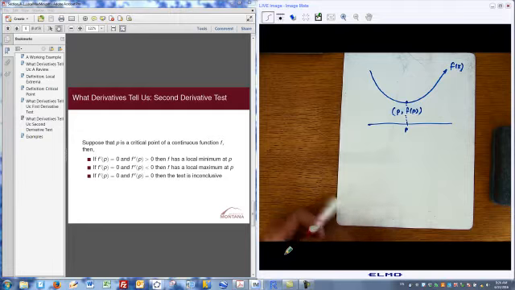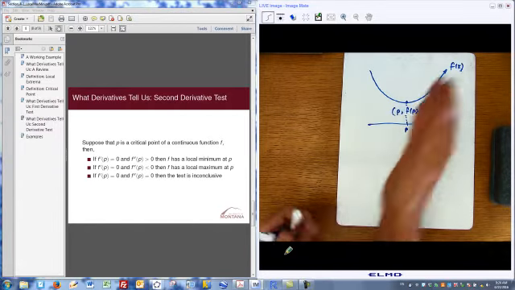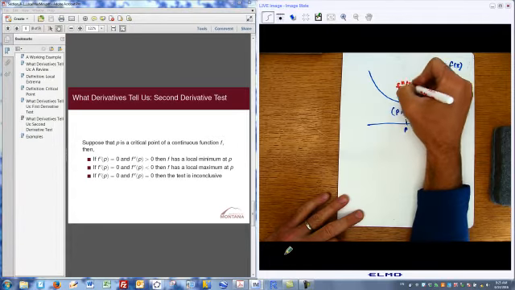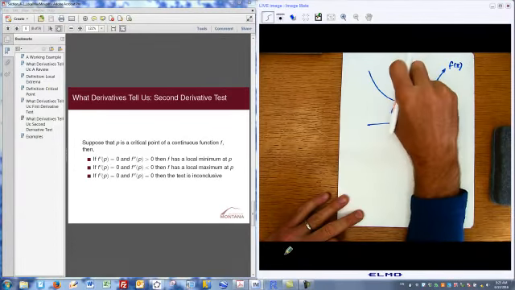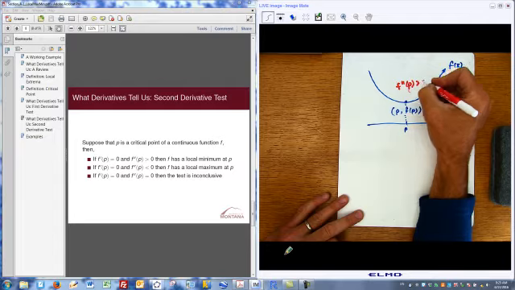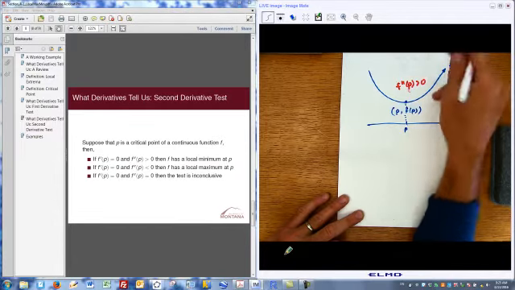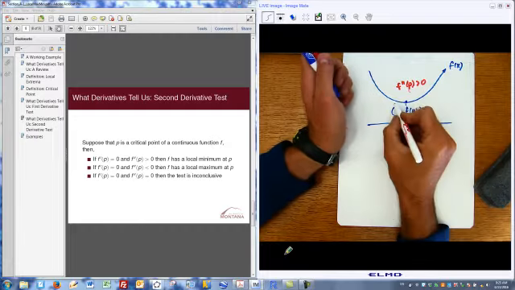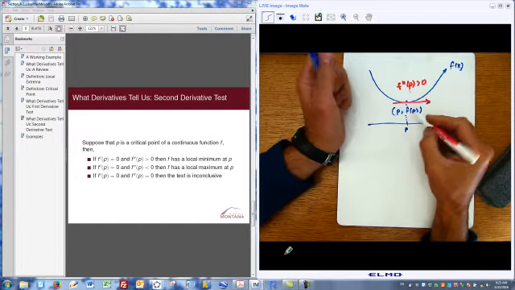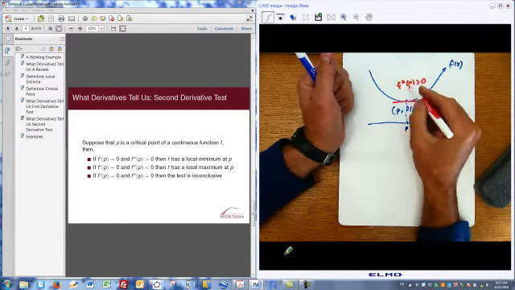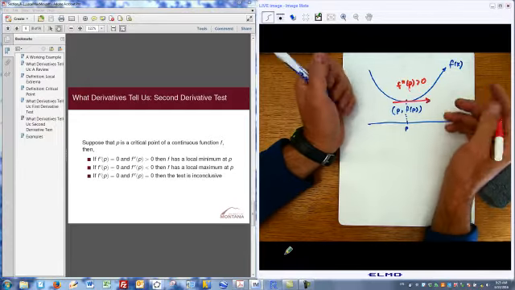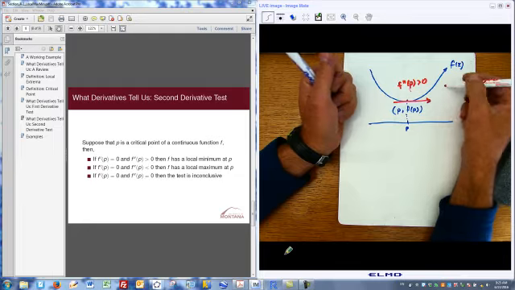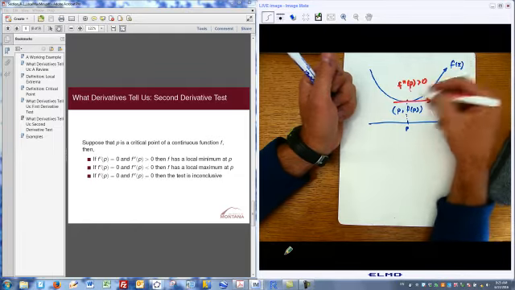Well then, if f double prime of p is greater than 0, concave up, then what we can tell is that p is a zero-valued slope. f prime of p is equal to 0 there, and f double prime of p is positive, so the concave up leads to the conclusion that what we have here is a relative minimum.